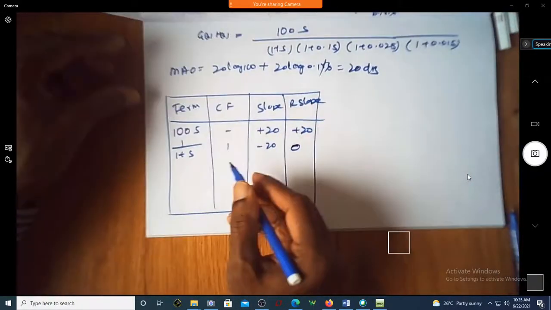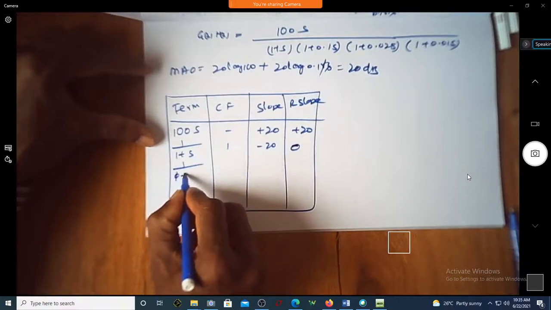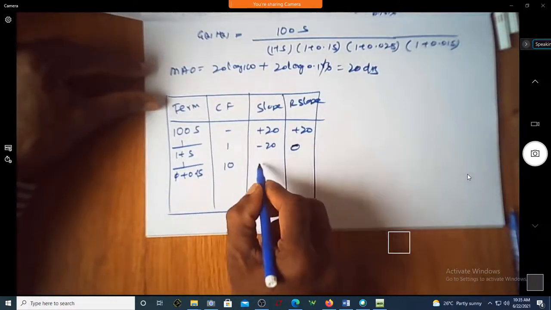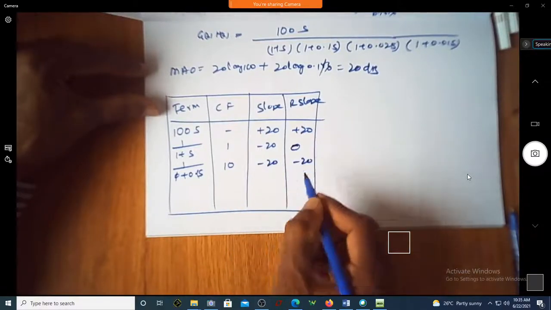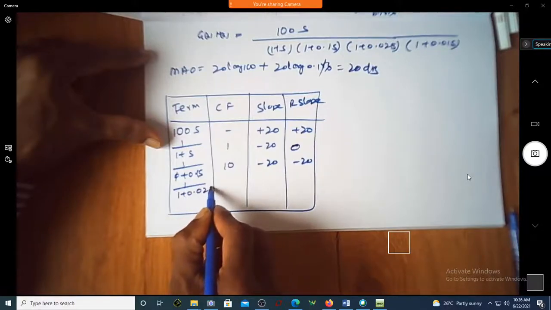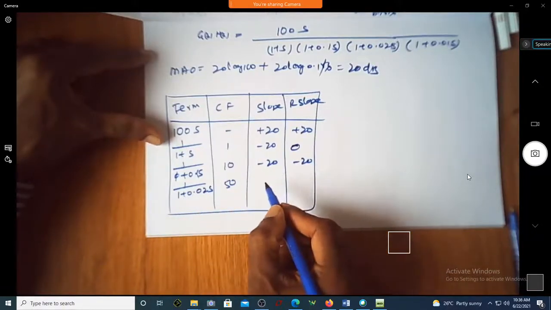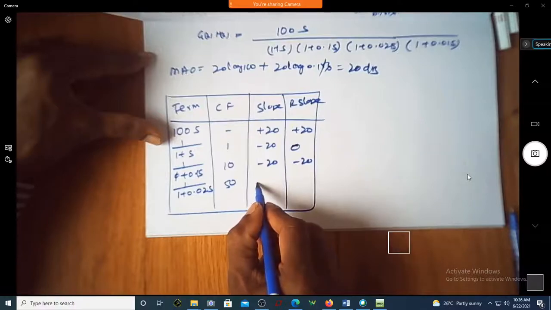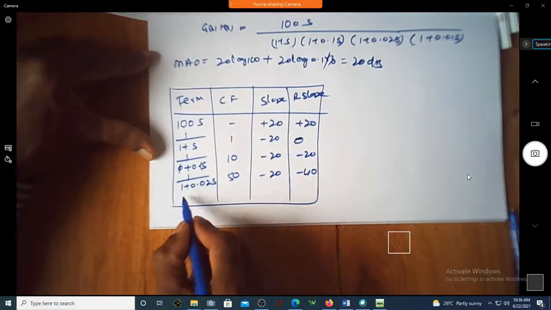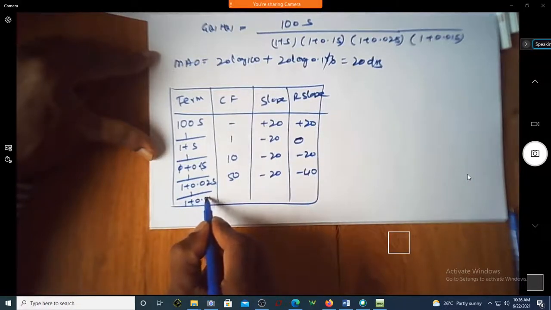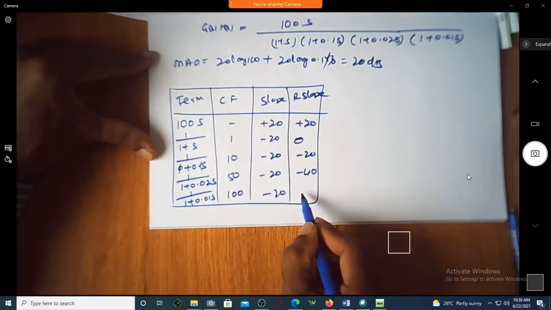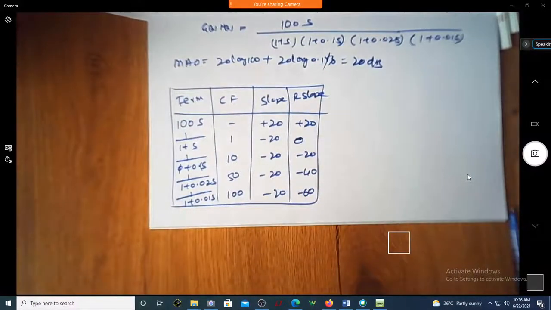Then 1 by 1 plus 0.1 S, corner 10, minus 20 and then minus 20. 1 by 1 plus 0.01 S, 100, sorry, 50, and minus 20 and minus 40. Correct. Minus 20, minus 60. Done.